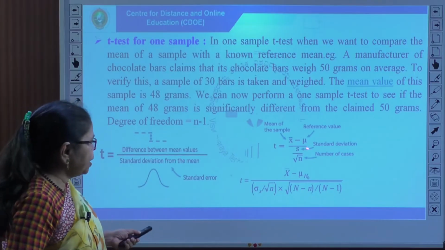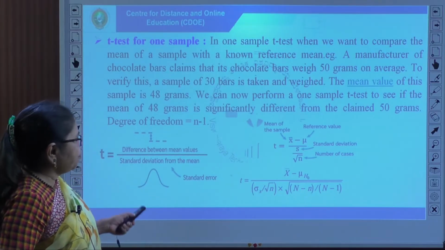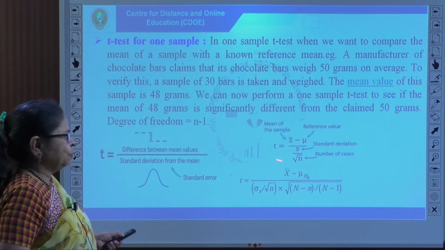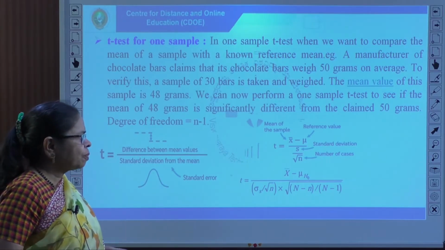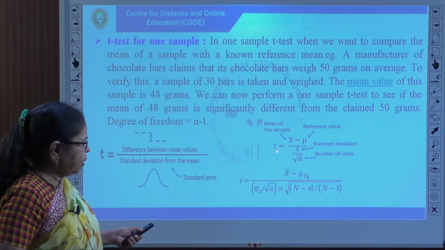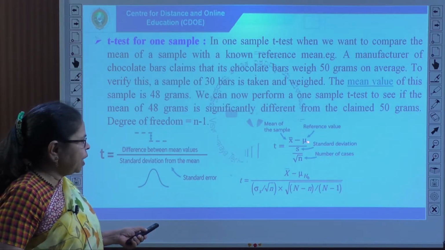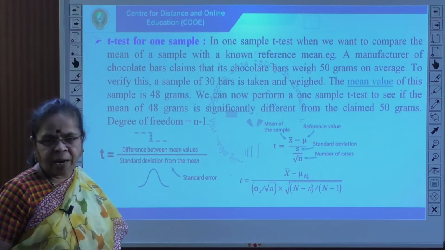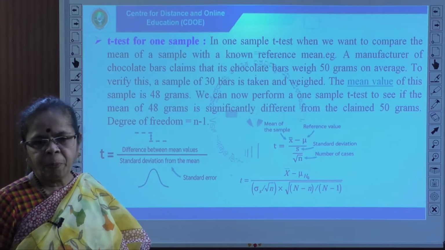So, for the one sample, the formula is very similar to what we used for the z factor: x bar minus mu divided by s by root of n. Here s is sigma, the standard deviation.